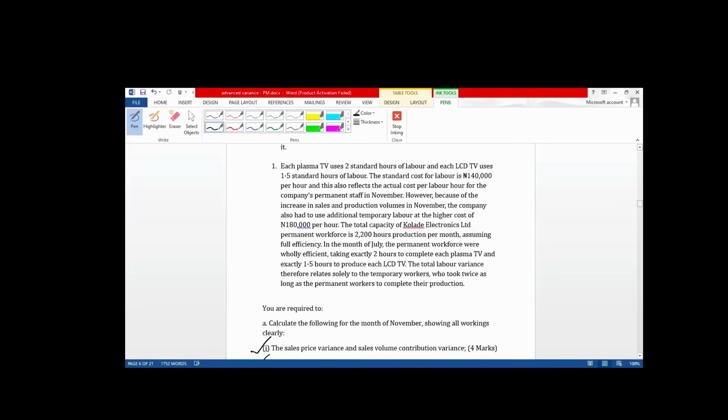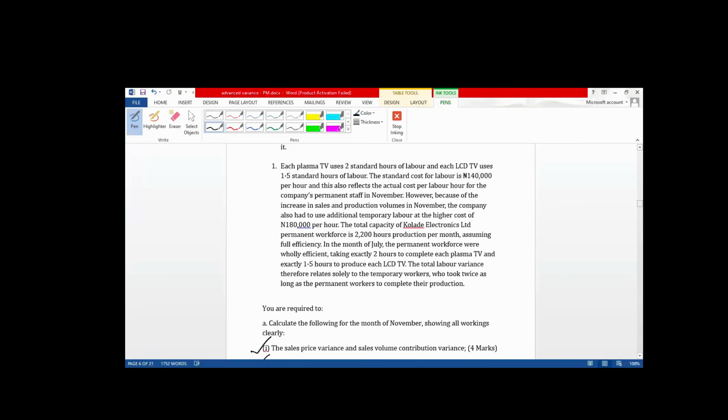Each plasma TV uses 2 standard hours of labor. That means for me to produce a plasma TV, I require 2 hours of labor. And to produce an LCD, we require 1.5 hours of labor.